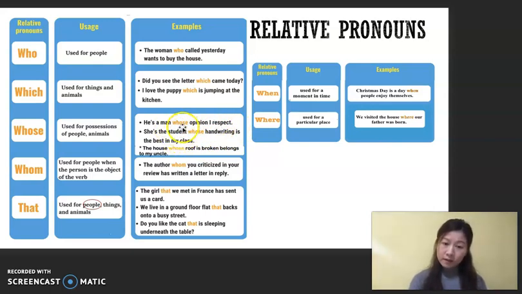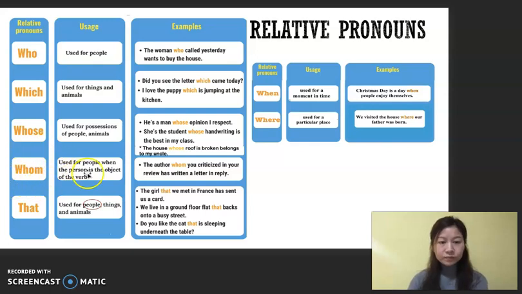Now I want to highlight this example. The house whose roof is broken belongs to my uncle. A lot of my students would say, the house is not a person, why are you using whose? But it is actually grammatically correct. This roof belongs to the house, so you use whose here.